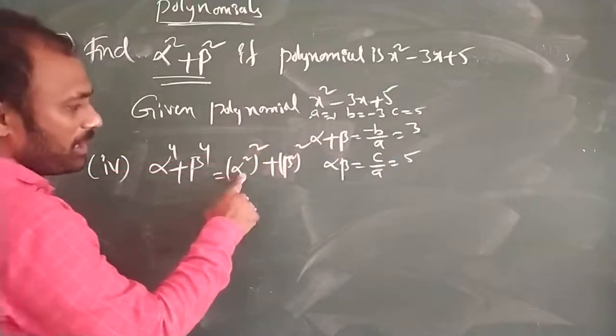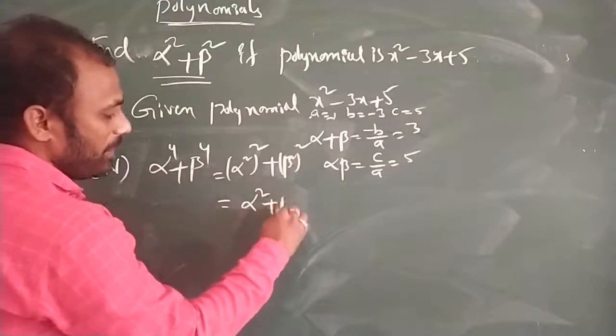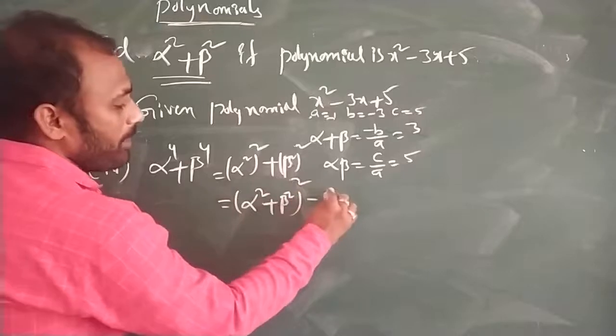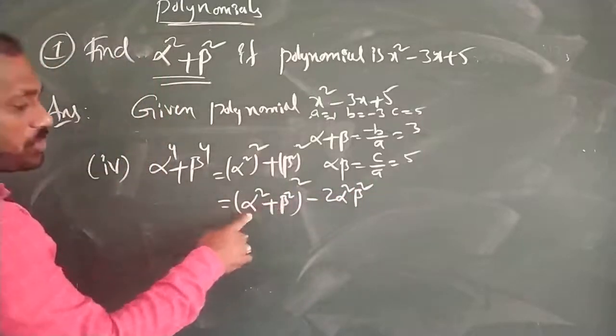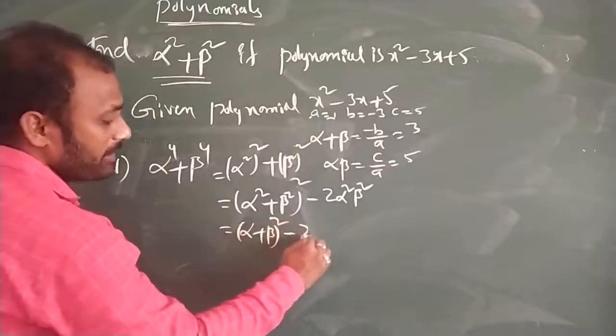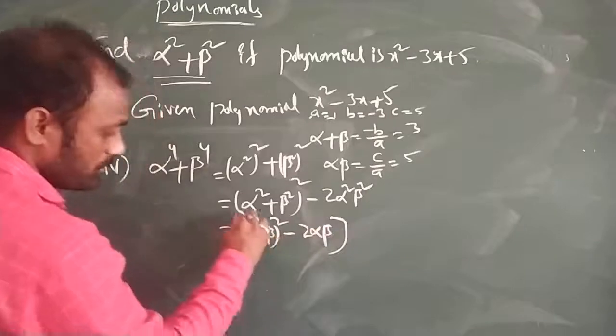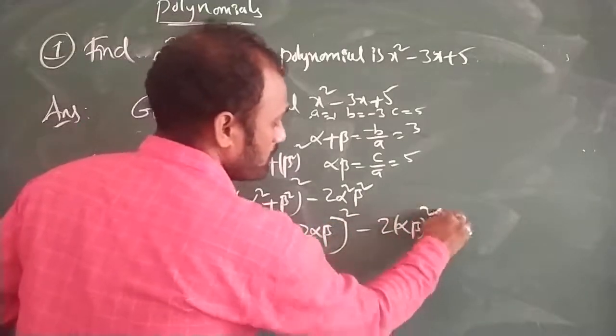So it now looks like a square plus b square, which can be written as (a plus b) whole square minus 2ab. So again, this can be written as (alpha square plus beta square) whole square minus 2 alpha beta whole square.